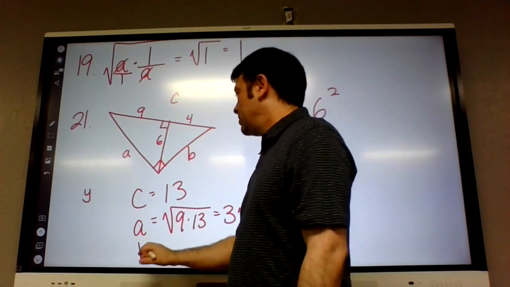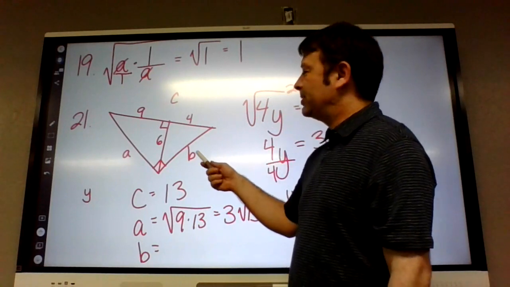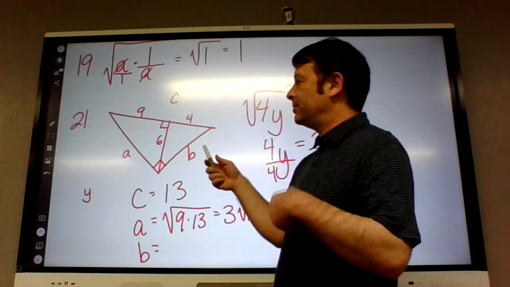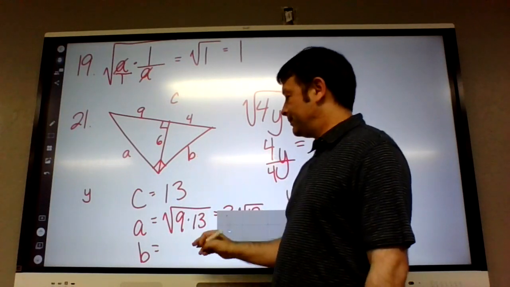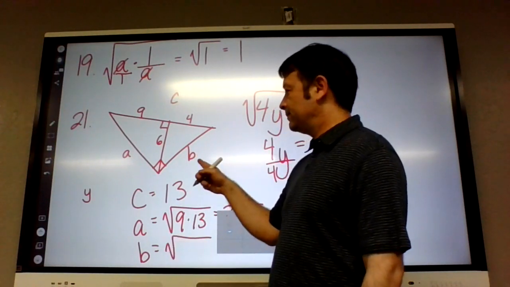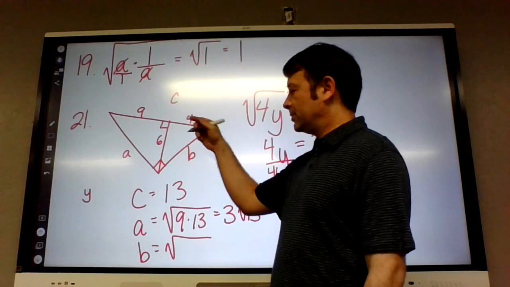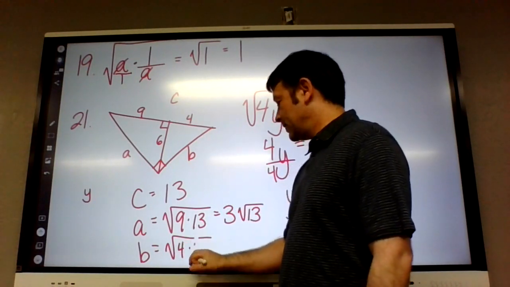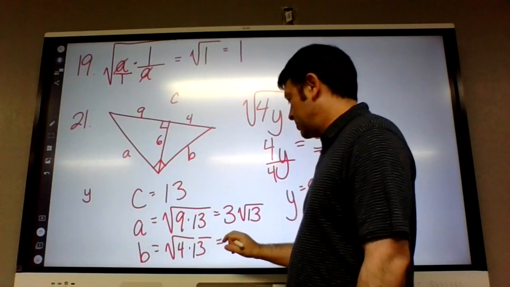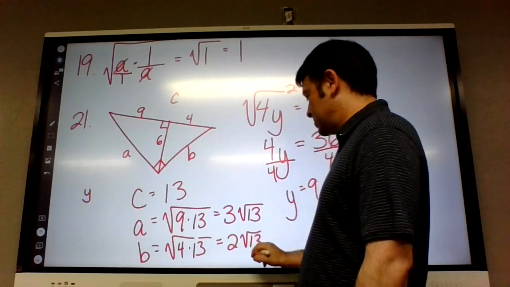But I want to practice the new thing because Pythagorean theorem doesn't work on all these. So B is going to be what? Square root of 4 times 13, yes. 4 becomes 2, square root of 13 doesn't simplify.